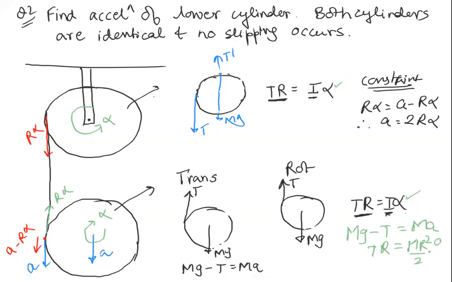Alpha is a by 2r, so r square cancels out. If I add these two, I'll get mg is equal to 4 by 5 ma. Sorry, T नहीं आएगा. Therefore, a will be equal to 4g by 5.